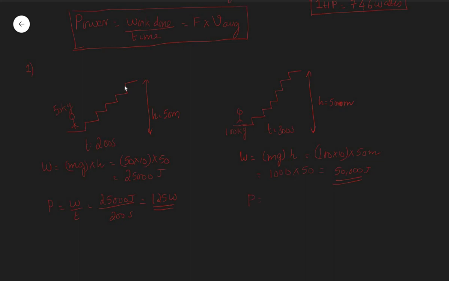The power is work done by time, and that's equal to 50,000 divided by 300, that's equal to 166.7 watts. So this person has exerted more power, so he is a better athlete in some ways.